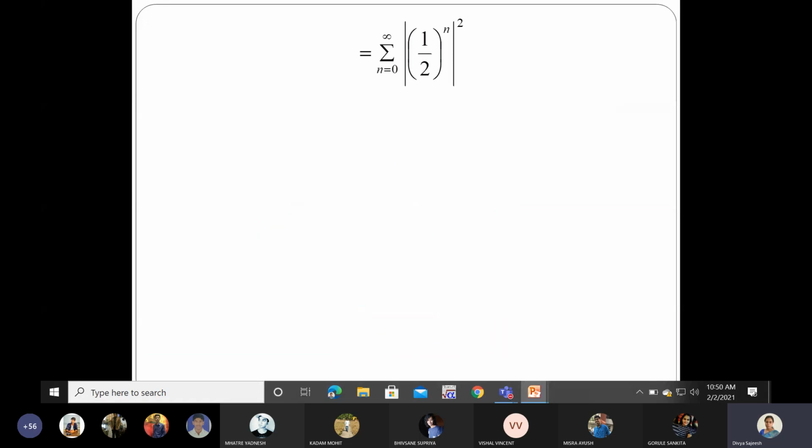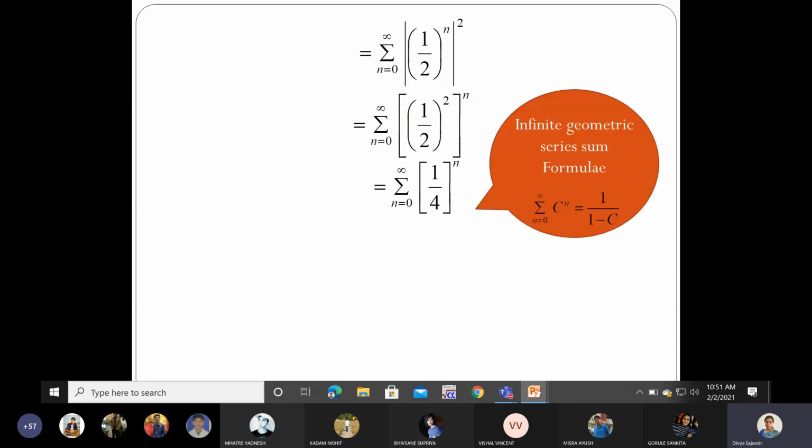Now taking the 2 inside and n outside, it will become half raised to square n. It will be 1 by 4 raised to n. Now applying the geometric series sum formula. It is an infinite geometric series sum formula, that is summation n equal to 0 to infinity c raised to n equal to 1 upon 1 minus c.